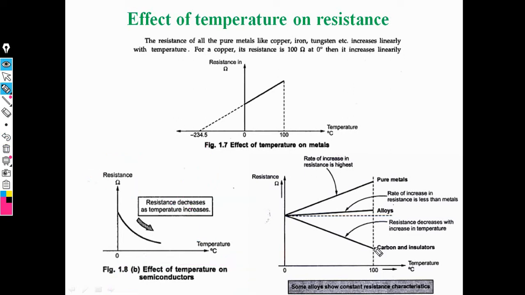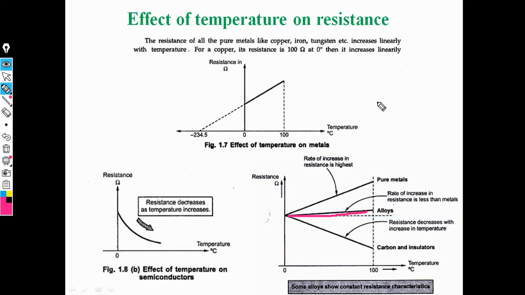And the third diagram is applicable for alloy. Here, the value of resistance is in ohm, and the value of temperature is in degree Celsius. This is the graph for alloy. The rate of increase of resistance is less than in metal.